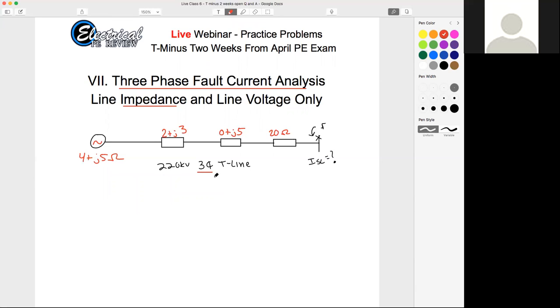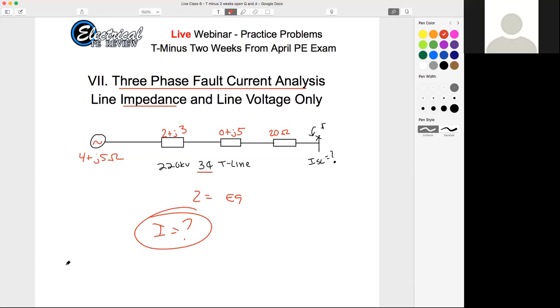But someone let me know in the chat. Let's say Z equals all of it, right? Z is our equivalent, 4 plus J5, 2 plus J3, 0 plus J5, and 20 ohms. How do we solve for I?